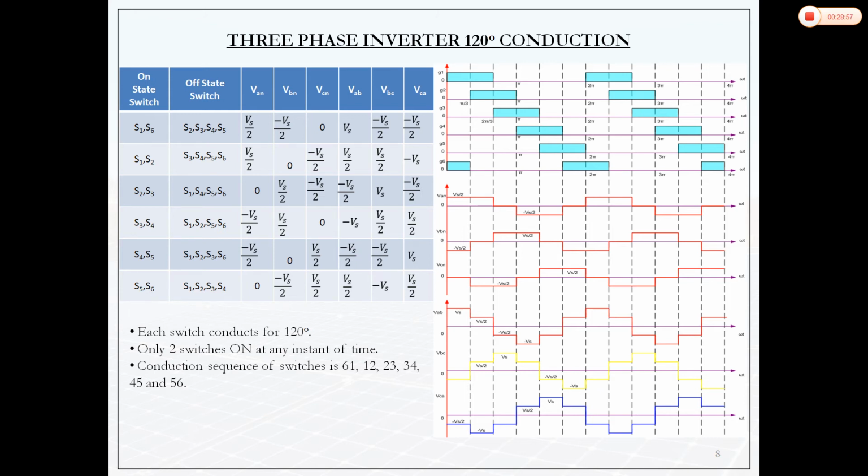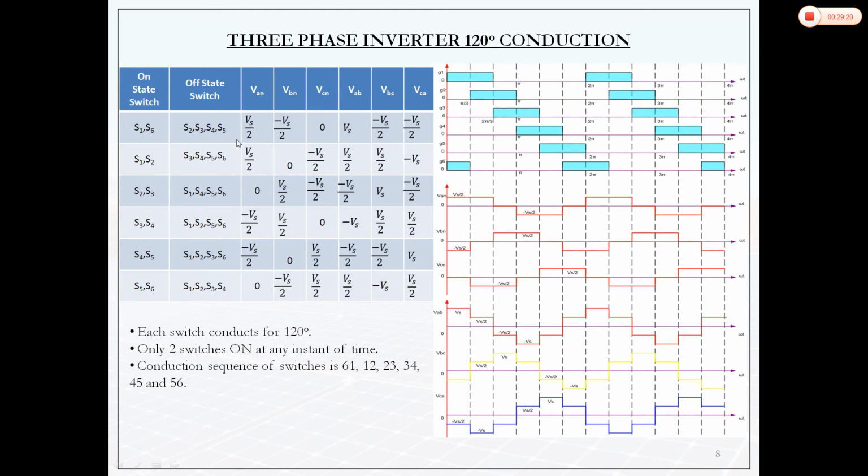If you observe the first interval, G1 is turned on, G6 is turned on, and the other switches are off. So in interval 1, switches 6 and 1 are turned on, others are off. Similarly in interval 2, G1 is turned on, G2 is turned on, others are turned off.